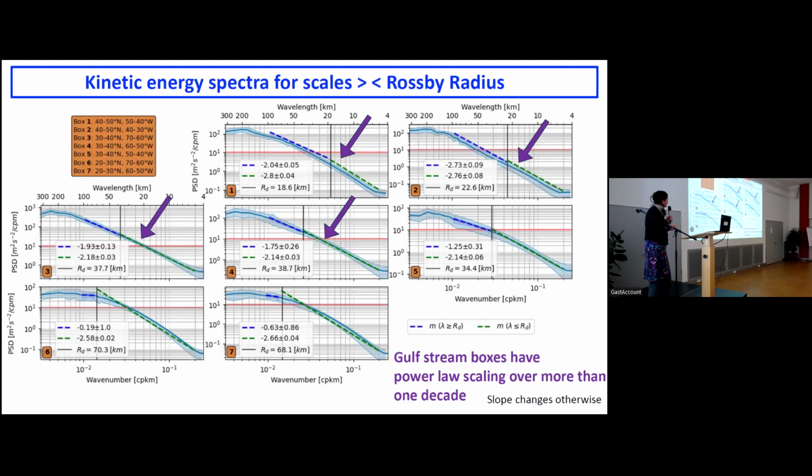And so what you can see is that we can see a clear power law scaling, especially here for the Gulf Stream boxes that go over more than one decade. South or off of the Gulf Stream boxes, the slopes are more variable.